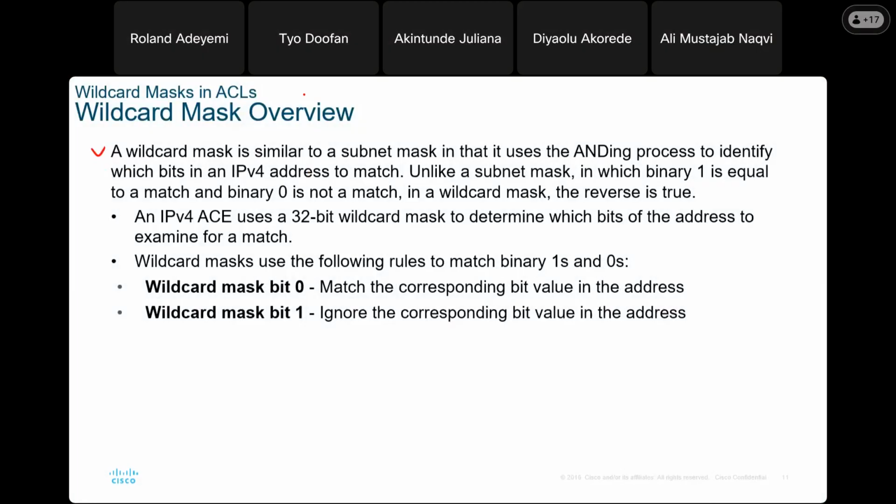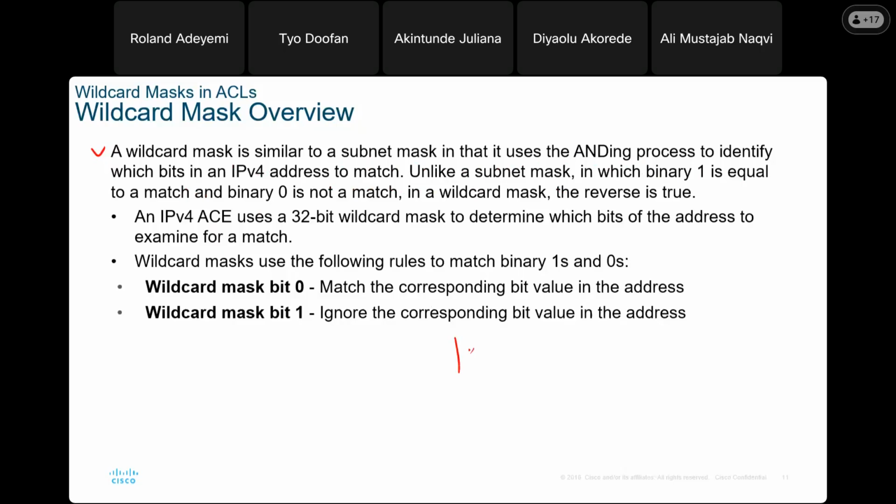A wildcard mask is similar to a subnet mask in that it uses the ANDing process to identify which bits in an IPv4 address to match. Unlike a subnet mask, in which binary 1 is equal to a match, in a wildcard mask binary 0 is equal to a match. Take note of that.